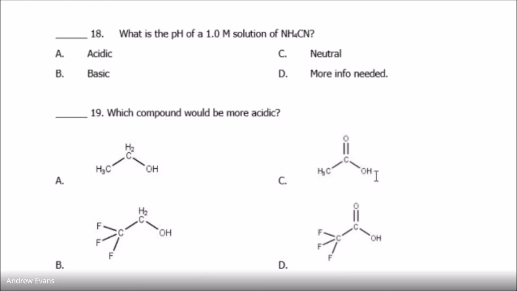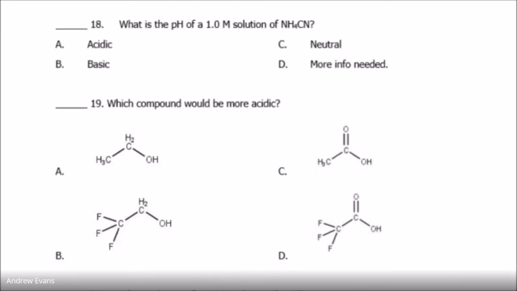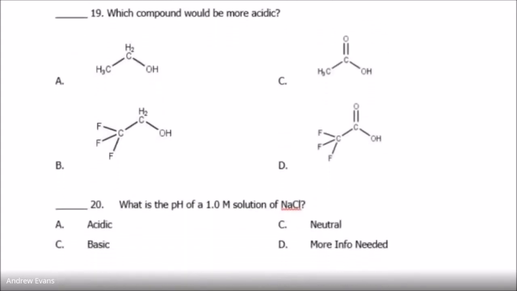You can resonate that negative charge between the two oxygens. If I combine B with C together to get D, D is far more acidic than any of those because not only can it lose the acid proton and resonate, but then we can pull the electron density away with the trifluoro group. So D is the most acidic compound.